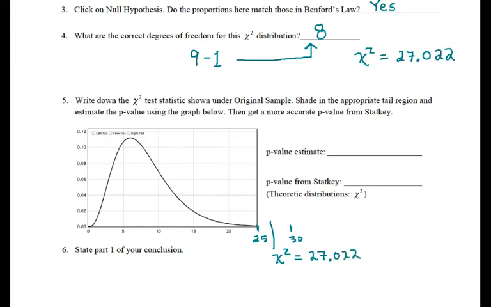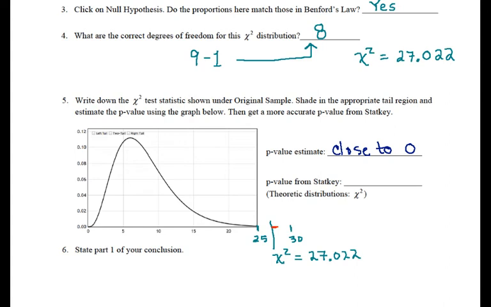If it's off the graph, we know that that's a really, really small p-value. So we're shading in a tail that's right about there. Our p-value is very small. We can say it's very close to 0.